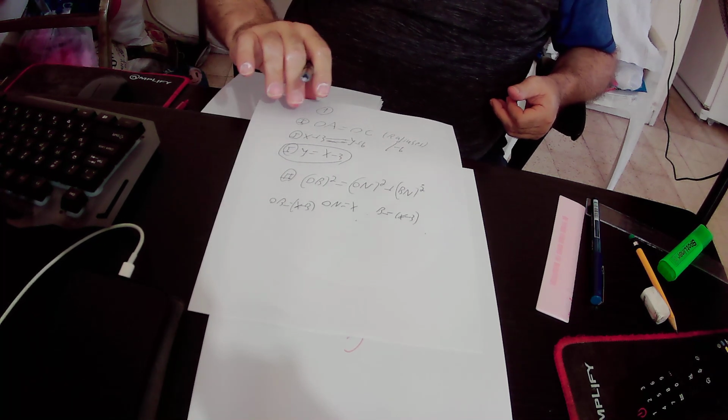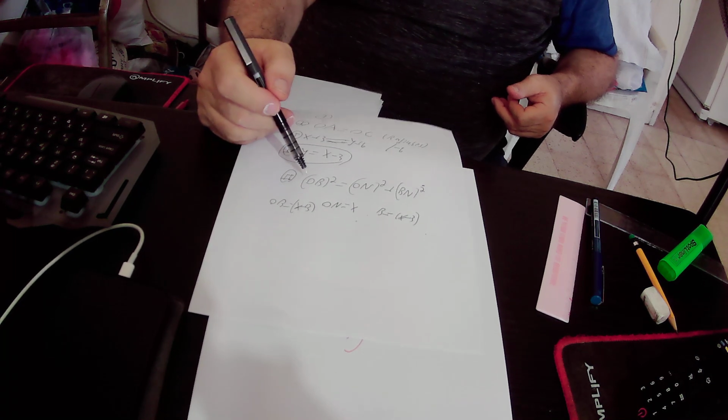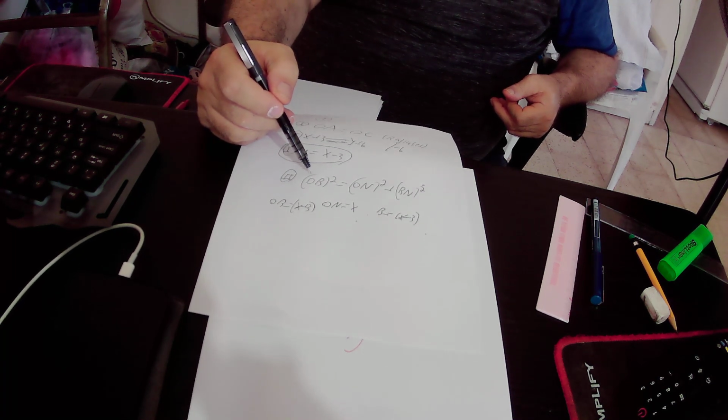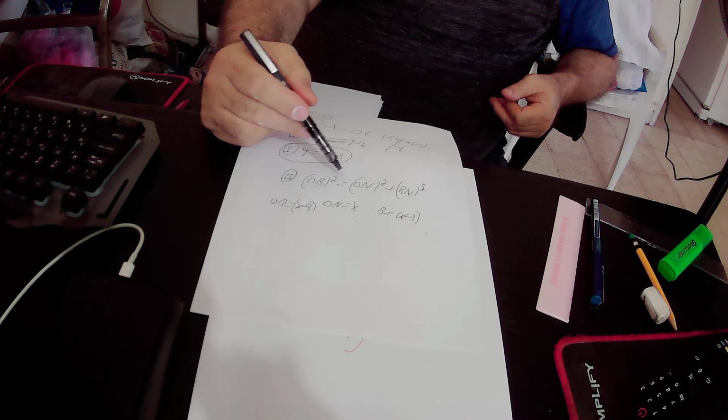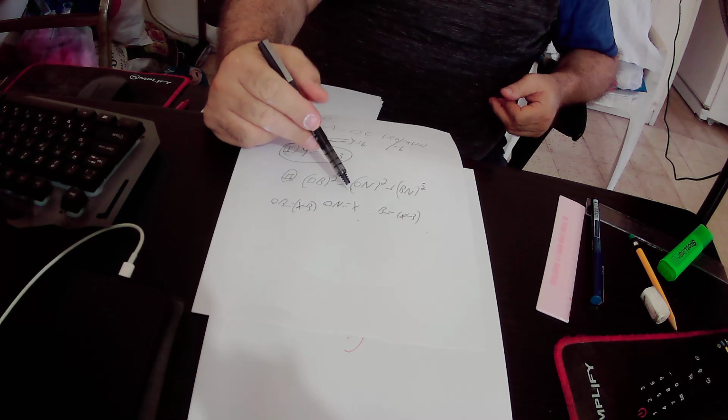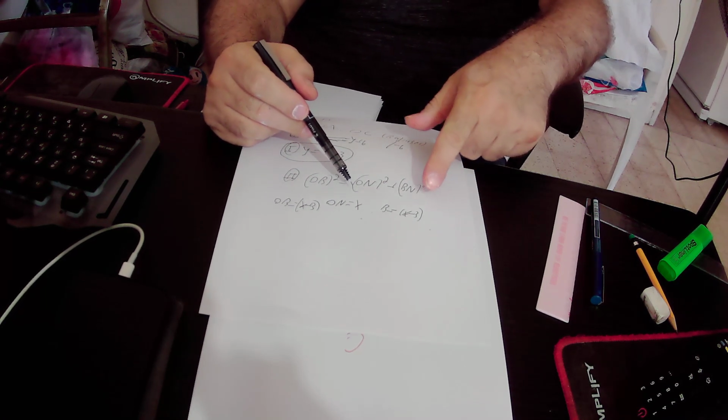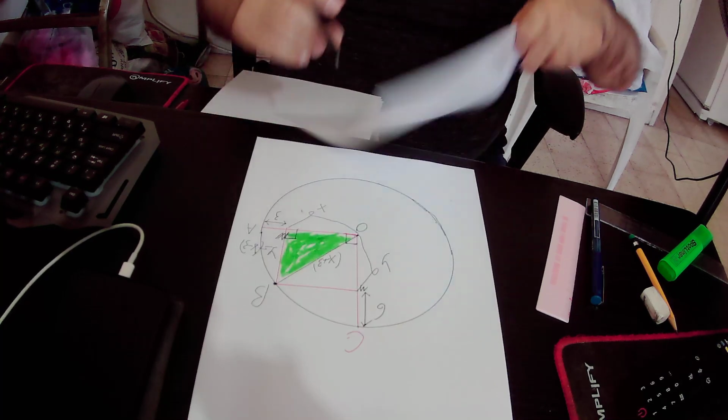So we will get that OB squared, which is X plus 3 squared, equals ON squared, that is X squared, plus BN squared, that is X minus 3 squared. Okay?